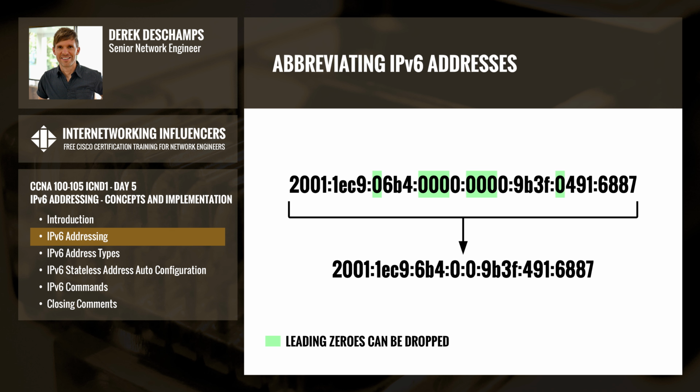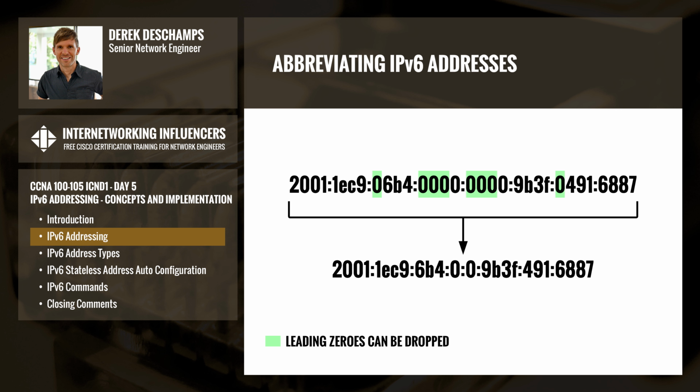Since IPv6 addresses are quite long, there are a few methods used to simplify how they are represented in hexadecimal format. The leading zeros in each of the 8 groups can be dropped, as long as a minimum of 1 digit remains.